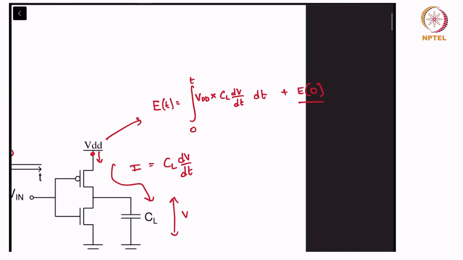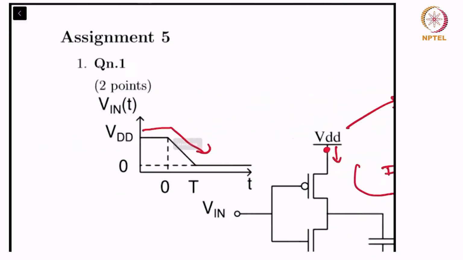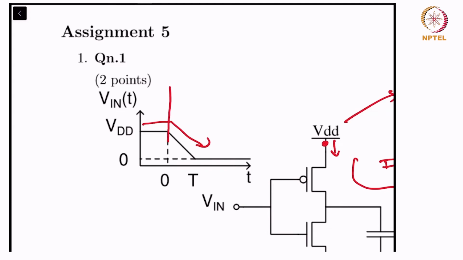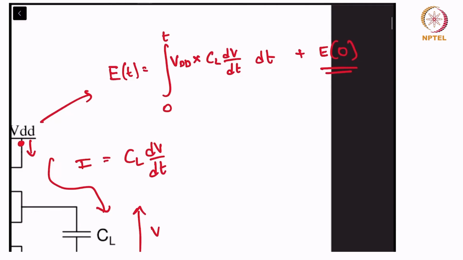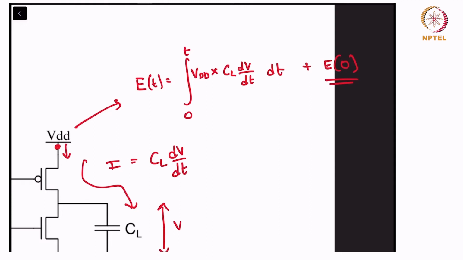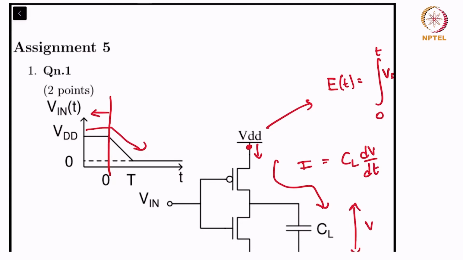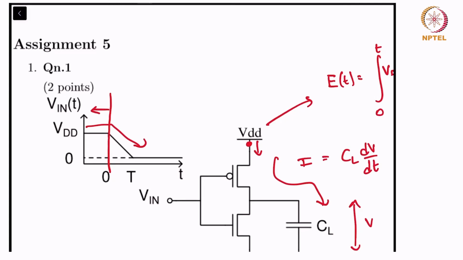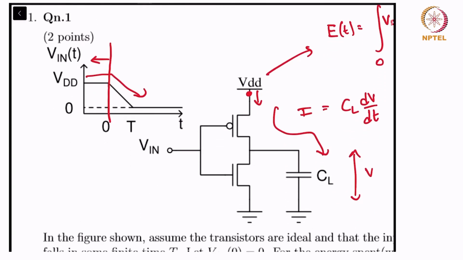Now what is E of 0 going to be? E of 0 is the energy spent by the supply as of t equal to 0. For t less than 0, you can see that there's no current, since Vn is equal to VDD for t less than 0.